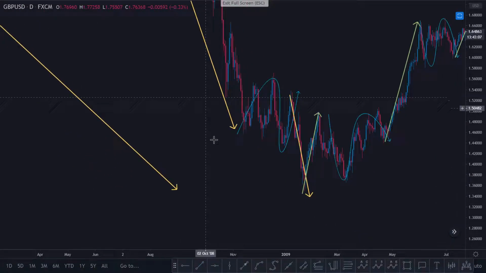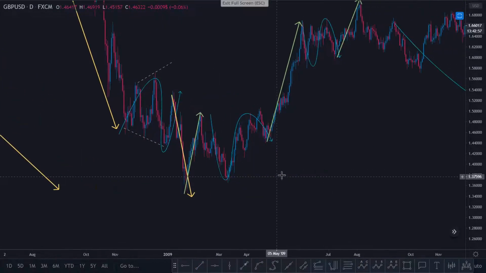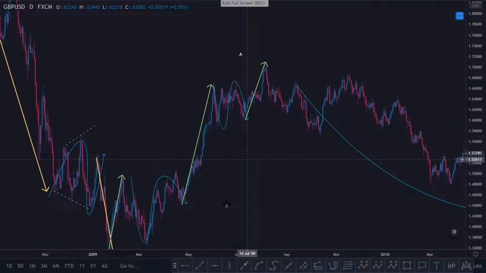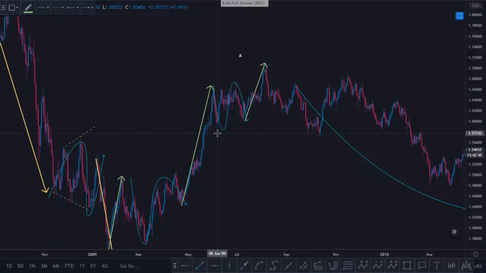And moving forward, we would have to delve into it, but it looks a lot like an expanding triangle. This is what's termed a running flat.